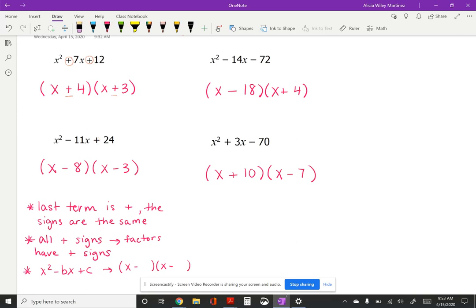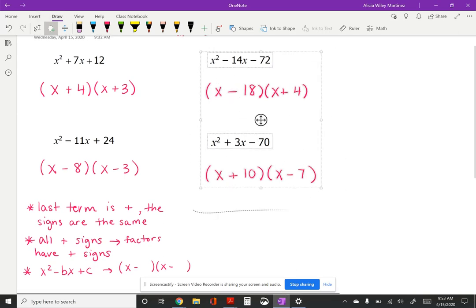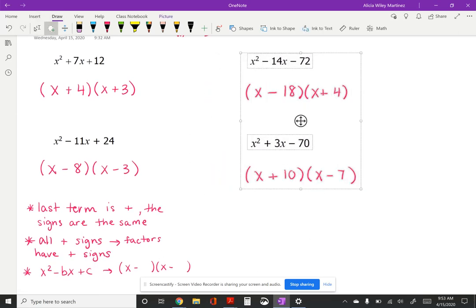Okay, the patterns that we can recognize when we get to this second column of problems, I can move it over. What you'll notice in these problems is that the last term is negative.